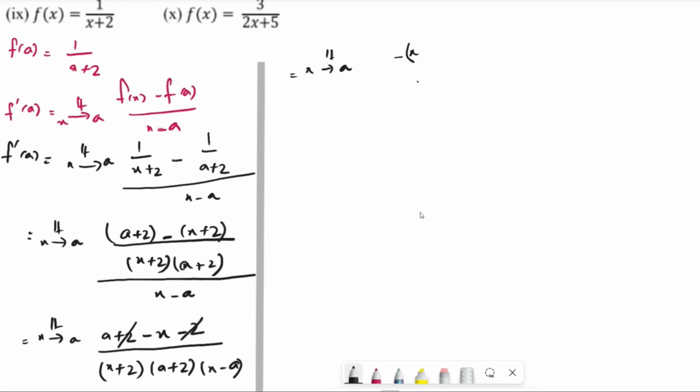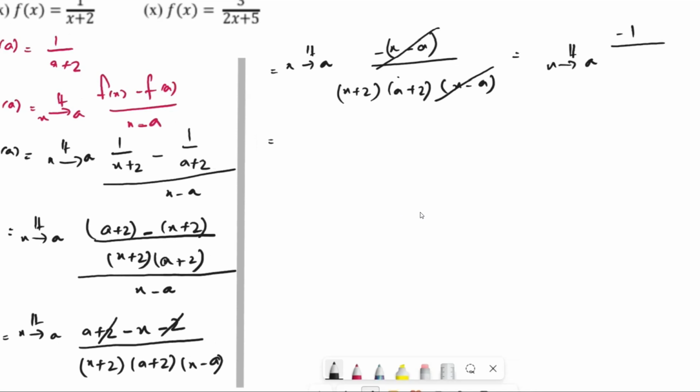Taking negative as common, it would be x minus a, and the denominator is x plus 2, a plus 2 and x minus a. X minus a is cancelled with x minus a. So the remaining is minus 1 upon x plus 2, a plus 2.